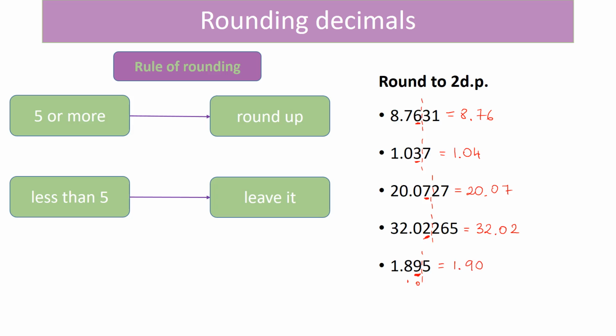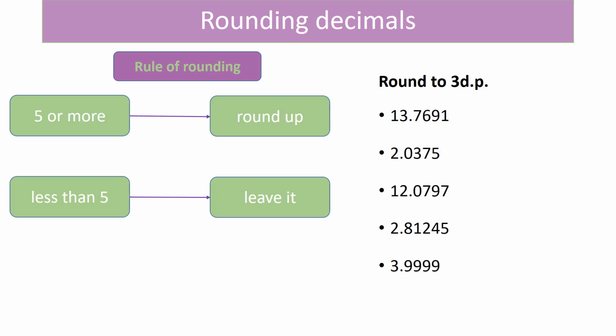And notice that I need to have two decimal places, so I need to have 90. It's not enough to put only 9. Even though 1.9 and 1.90 is the same number, when we are asked to give answers to two decimal places, we need to have 2 digits after the decimal point.